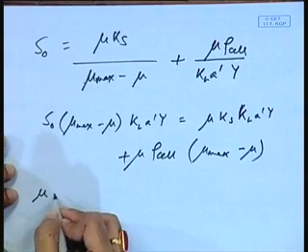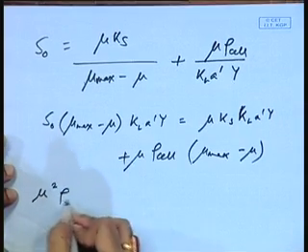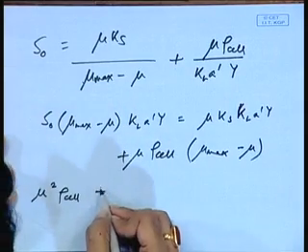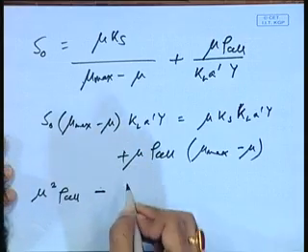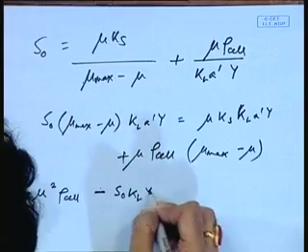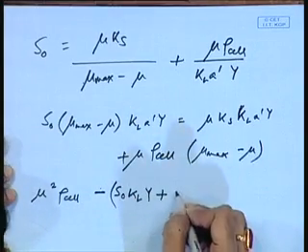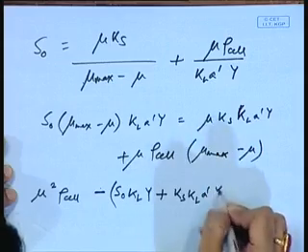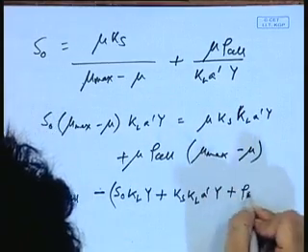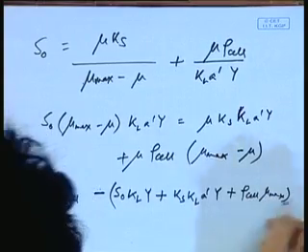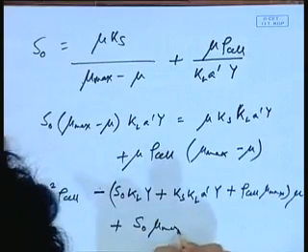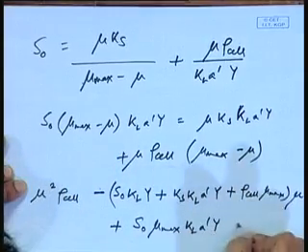So you get mu square times rho cell, plus minus S naught kL y plus Ks kLa prime y, plus rho cell mu max times mu, plus S naught mu max kLa prime y equals 0.